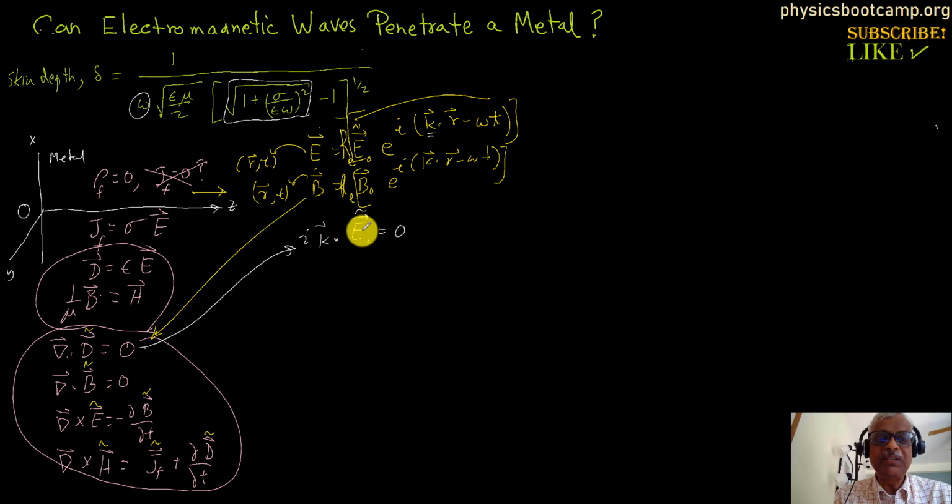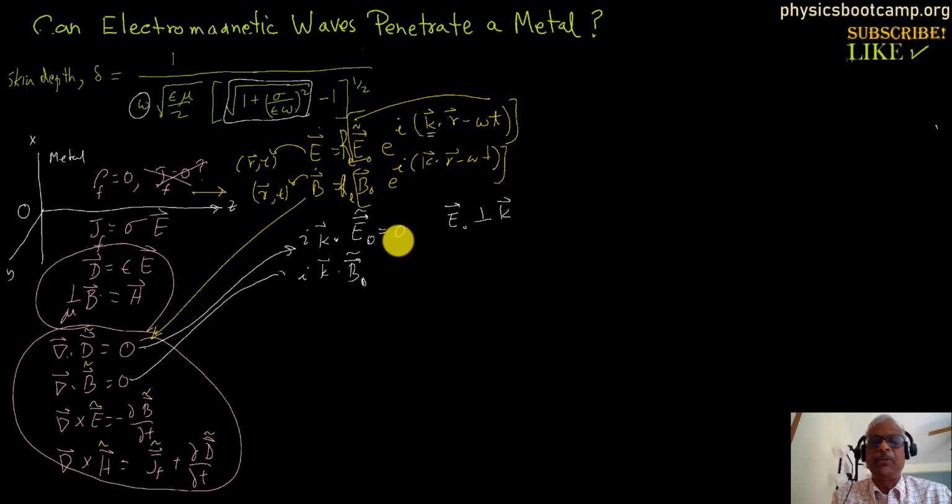That means this E0 vector is perpendicular to the k vector. The B equation gives pretty nicely i k dot B0 tilde equals 0. The other part, when you work it out, I encourage you to work it out and get what I'm getting.